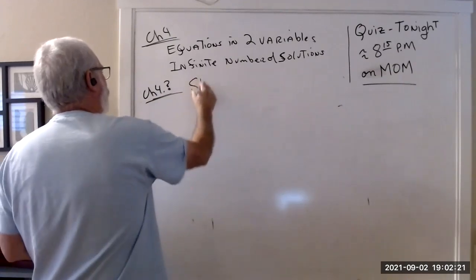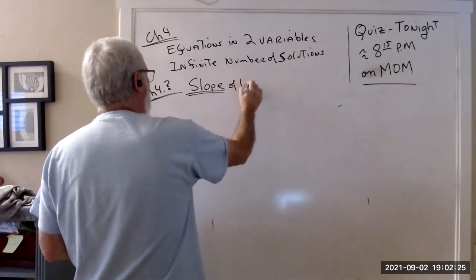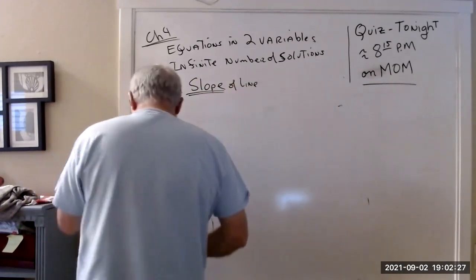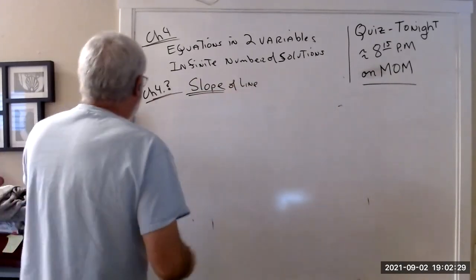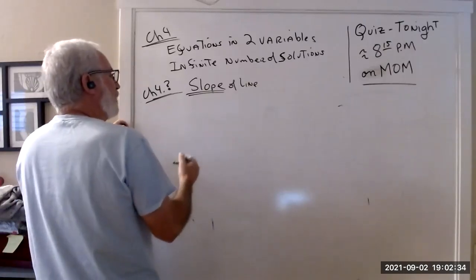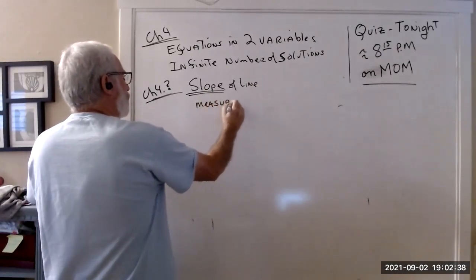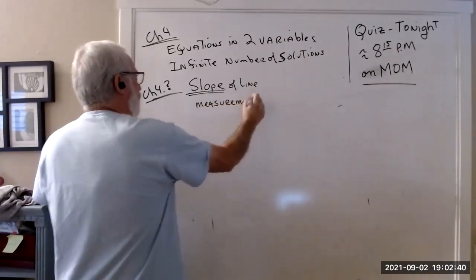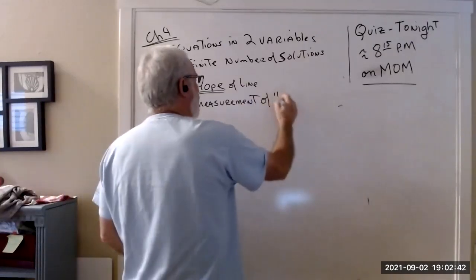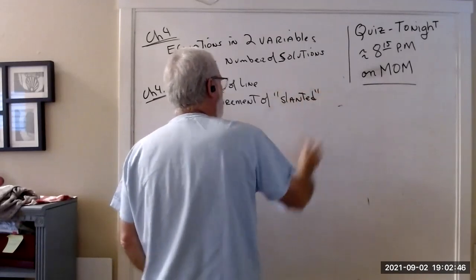We're going to talk about slope. Slope of a line. Now, slope is a measurement of how slanted a line is.